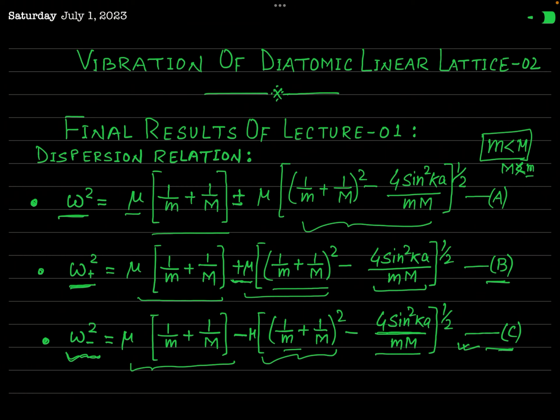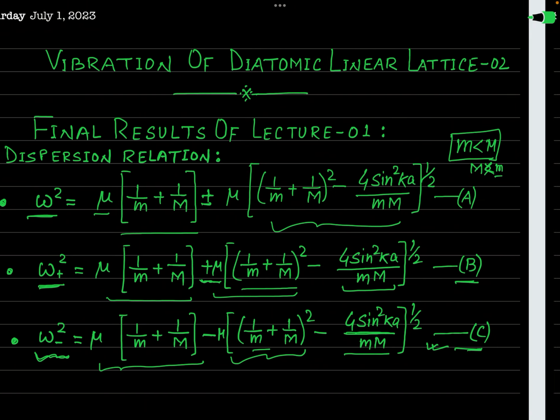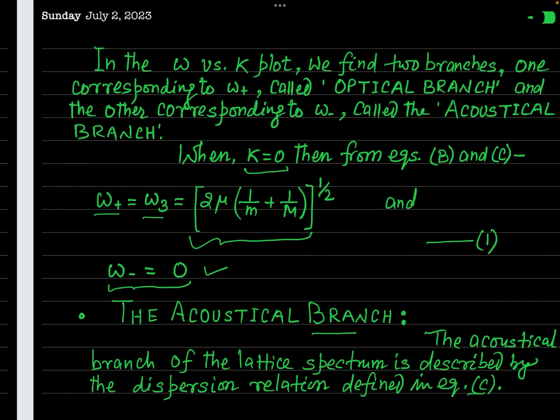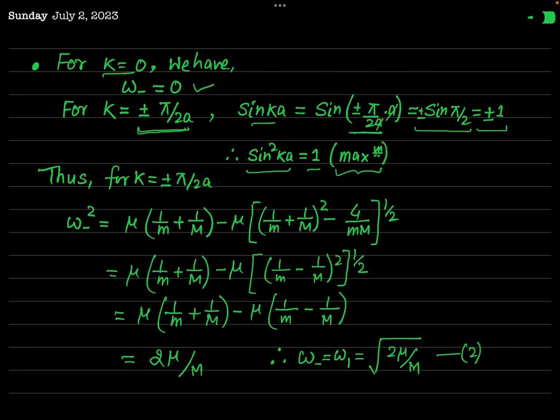So when you subtract maximum, you will get minimum, and when you subtract minimum, you will get maximum. So in this condition omega minus will be maximum, and what will be that maximum value? You can easily find it by substituting sine square ka equal to 1 in that very equation C. So let us see omega minus square. What will be that? You have seen the result.